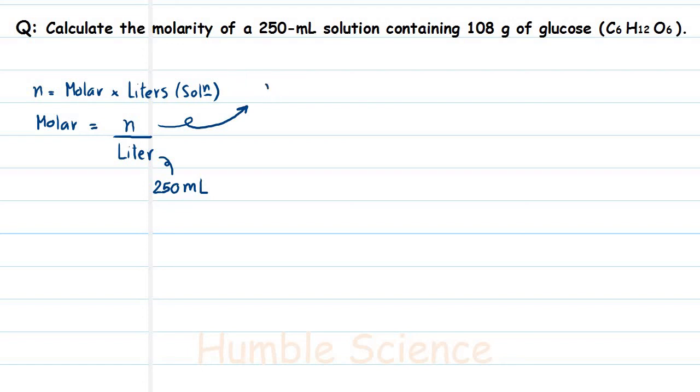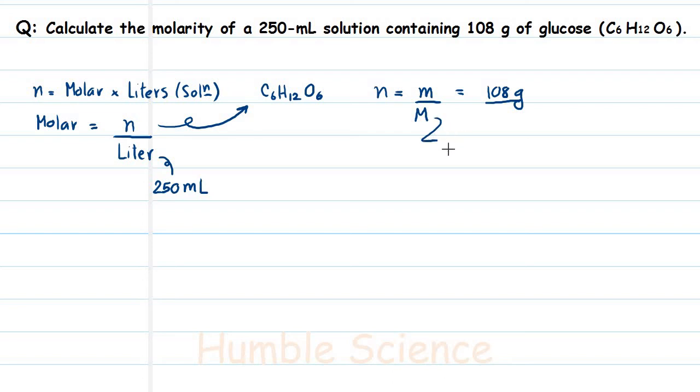It's from glucose, which is C6H12O6. Since we know that mole is equal to mass divided by molar mass, and for mass we have 108 grams, but for the molar mass we can calculate it.